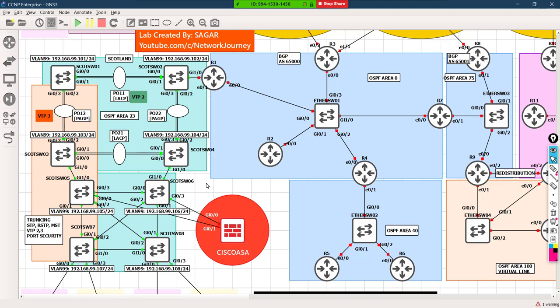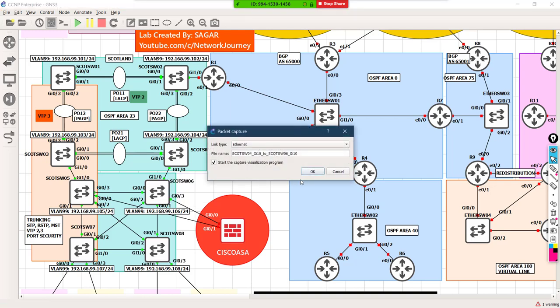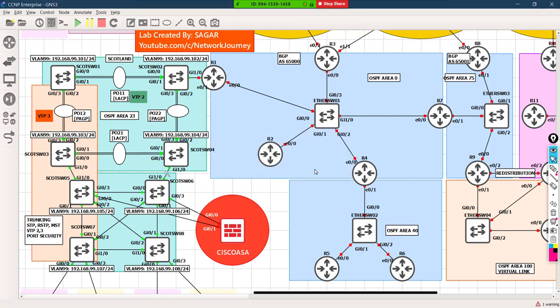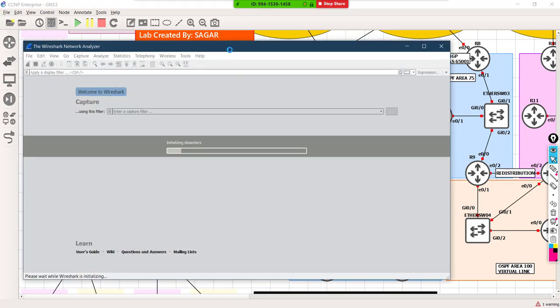As soon as I have powered all 8, all 8 will start transmitting BPDUs, and the one which has the lowest bridge ID will become the root bridge. Okay, so we can see the BPDU getting exchanged with the help of Wireshark.